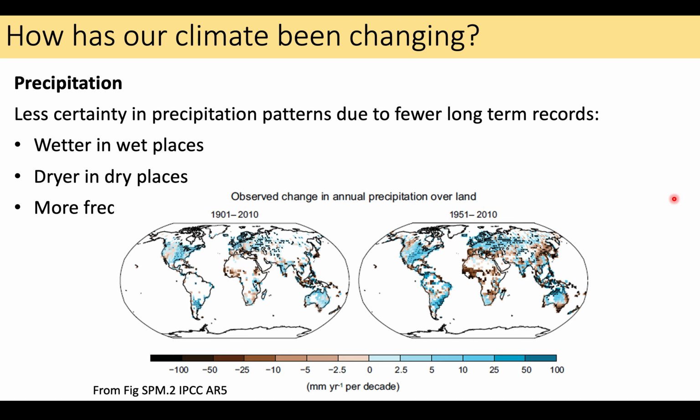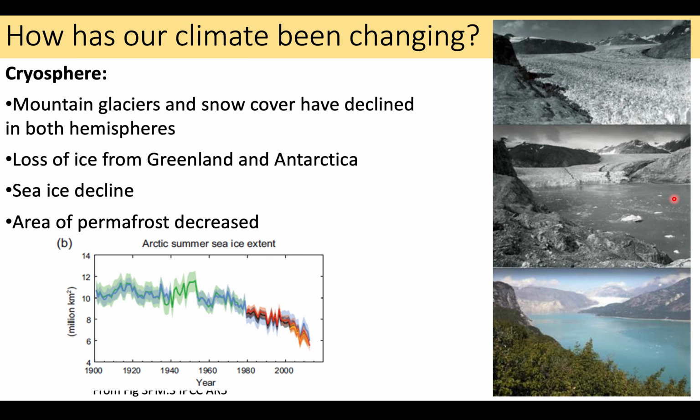So places that are generally wet are going to be more wet. Places that are generally dry are going to be more dry. So that means more frequent and more extreme droughts, as well as more frequent and more extreme flooding. So increasing those extremes is what's happening with our precipitation.